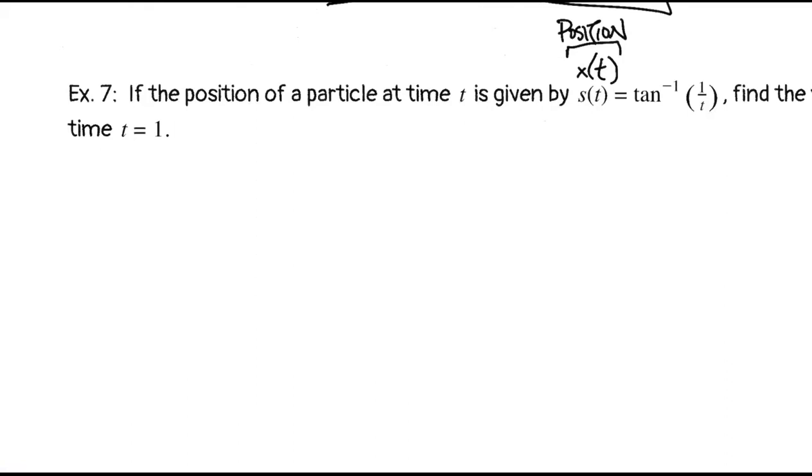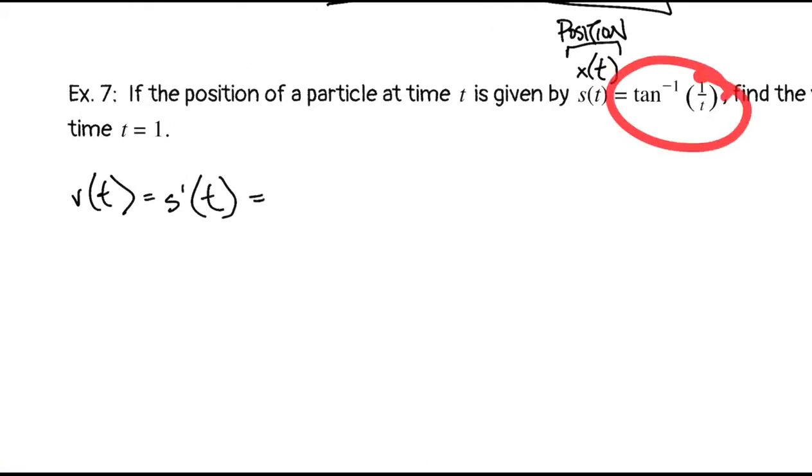Good, we're gonna say that velocity is the derivative of position, okay? That means we need to take the derivative of inverse tangent 1 over t. So we're gonna take the derivative.